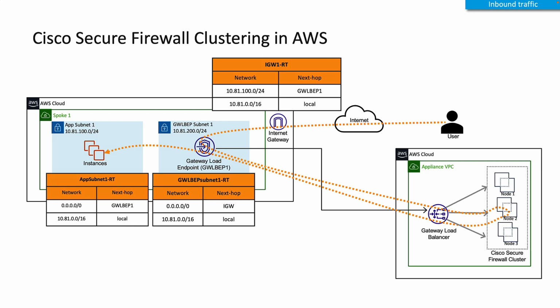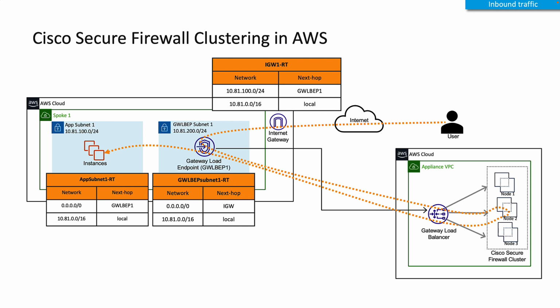Now, the gateway load balancer will do hashing and forward that traffic to one of the nodes available in the cluster, and the gateway load balancer will also keep track of these firewalls using health checks. So you can enable health checks, and based on health checks, if your firewall is healthy, your traffic is forwarded to that particular appliance.